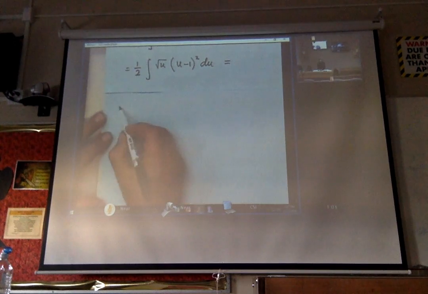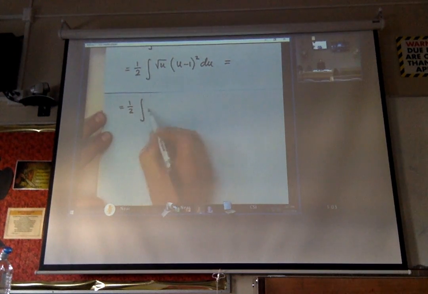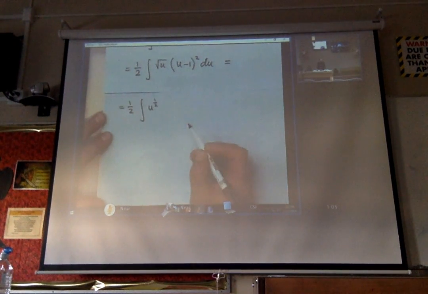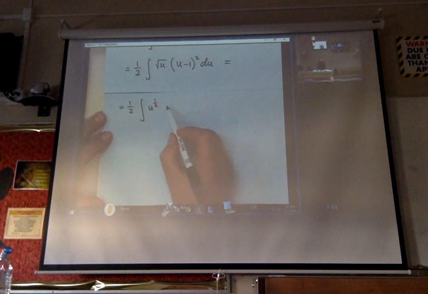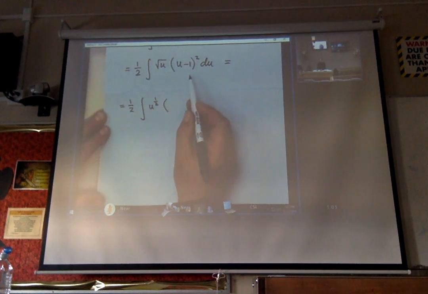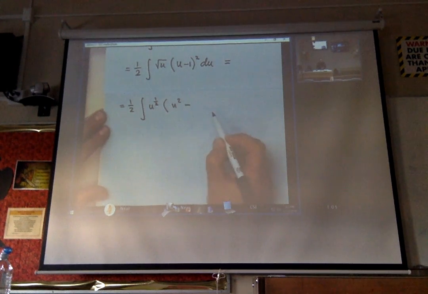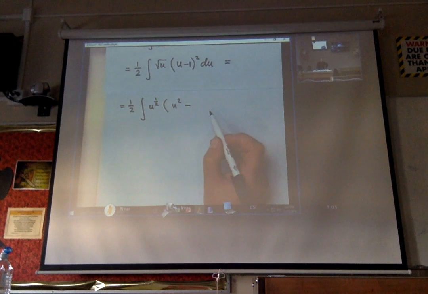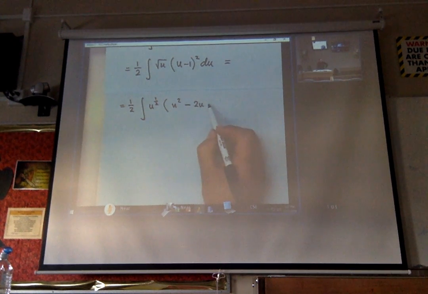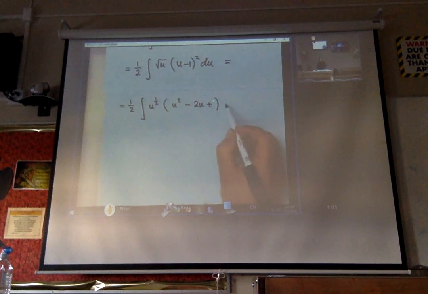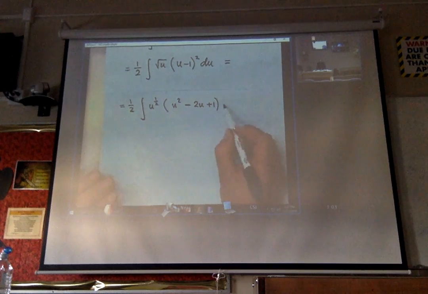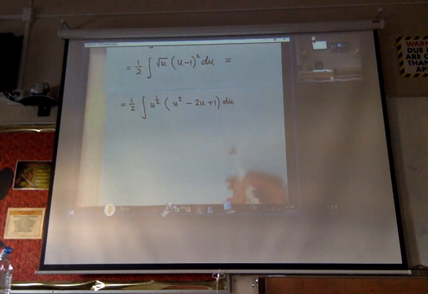So what do we have here? I'll change this square root to 1/2 power. Here, I'm going to FOIL, just in case you forgot, or use the perfect square formula. This is u squared minus 2u plus 1, that's right. U minus 1 times u minus 1, right? And then you distribute.